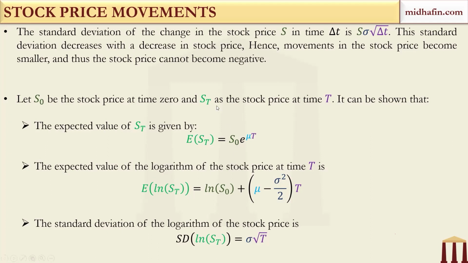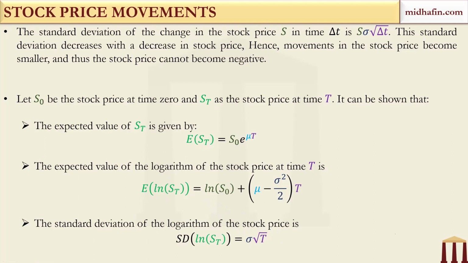Okay. So if ST is log normally distributed, ln of ST is normally distributed with a mean of this and a standard deviation of this. Now you need to understand the difference, that ln of ST is not the same as return distribution.